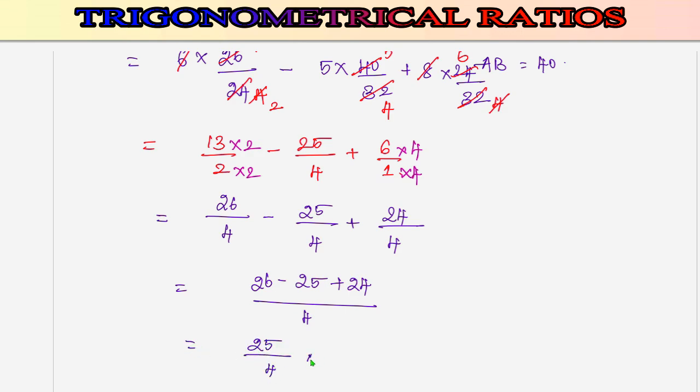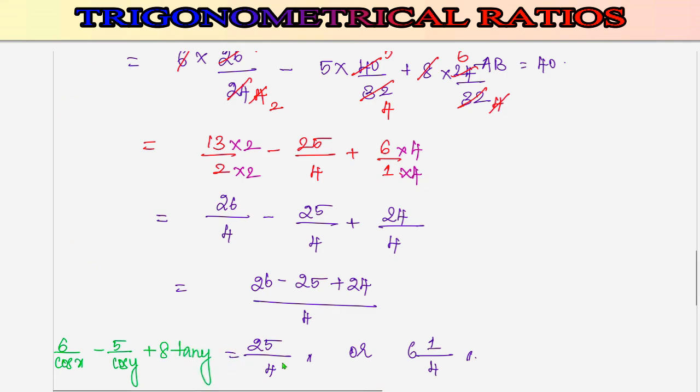Or you can even write it as 6 4s are 24, remainder 1, so 6 and 1 by 4. So finally we got this answer. Therefore 6 divided by cos x minus 5 divided by cos y plus 8 tan y is equal to this answer. So this is the final answer.